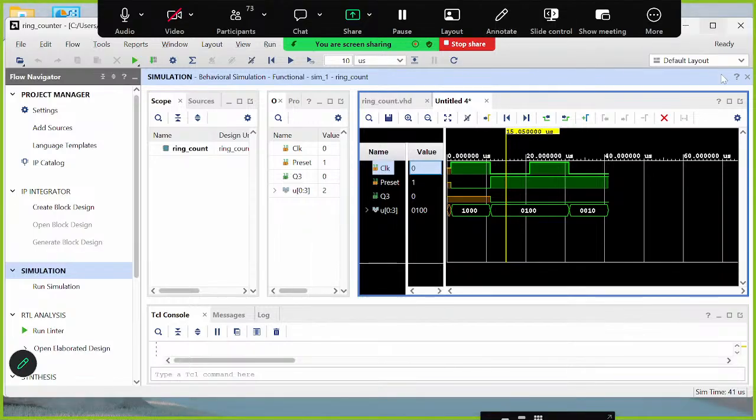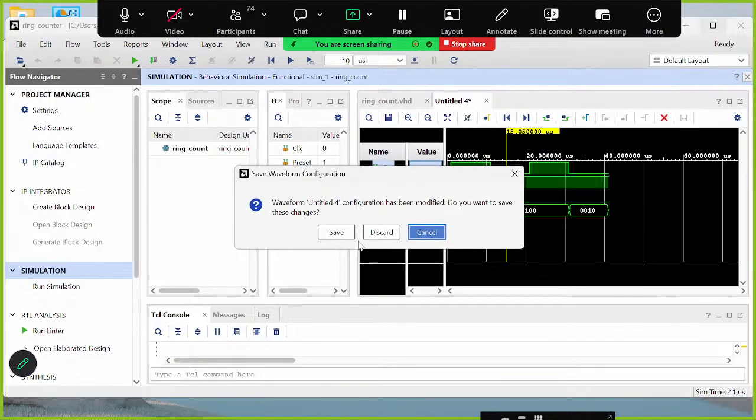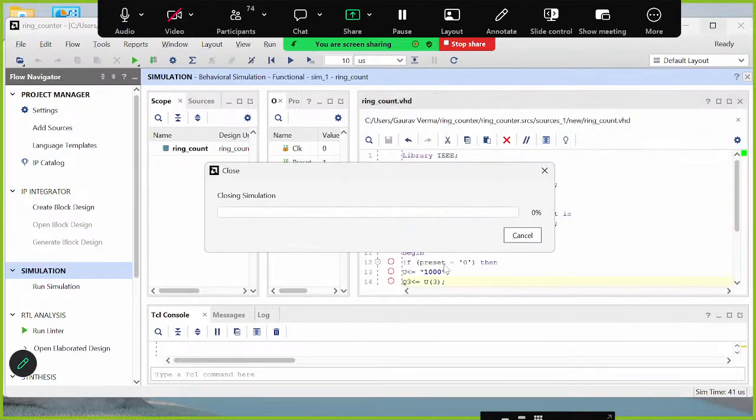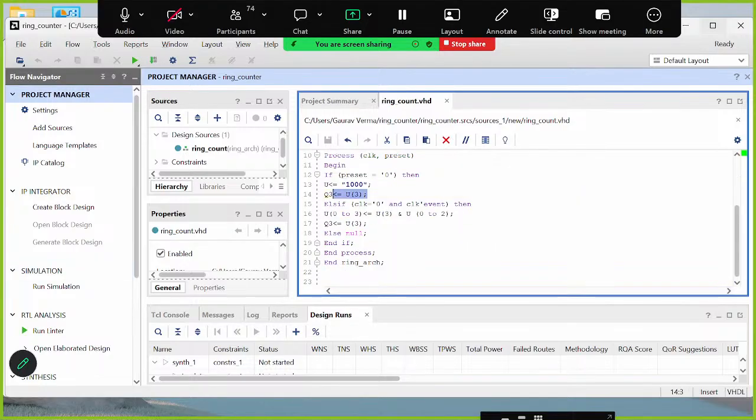Okay, so see why it is happening. Instead of putting Q3 over here and over here, what we can do is put it at the end of the process, after the end of the process.